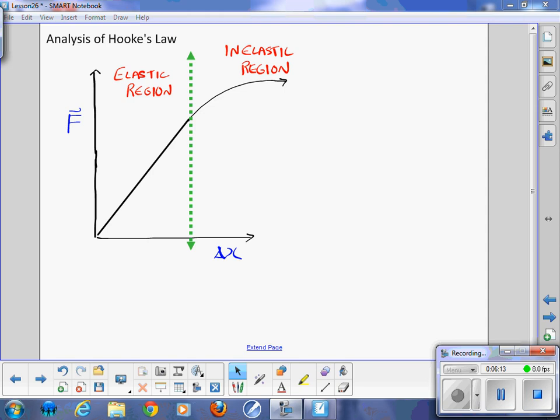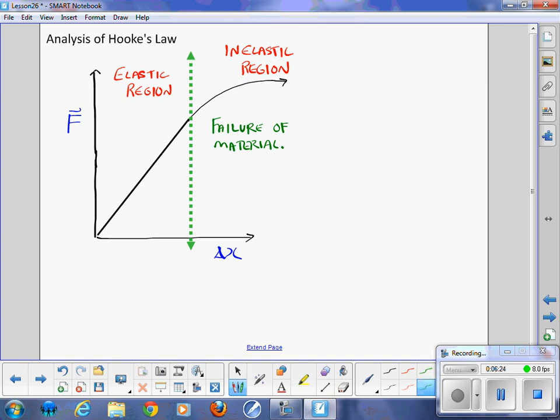So in that inelastic region, what happens is we end up with failure of the material. All right, it will not return to its original state. So it's been unslinkied, it's been stretched and broken.